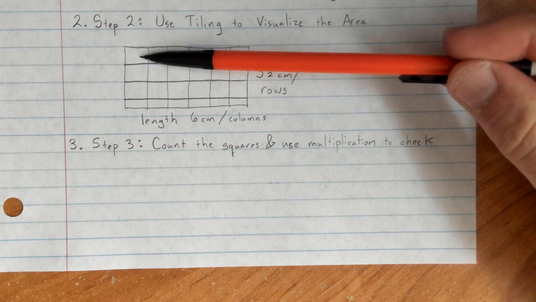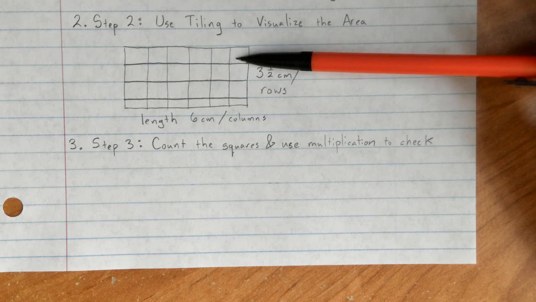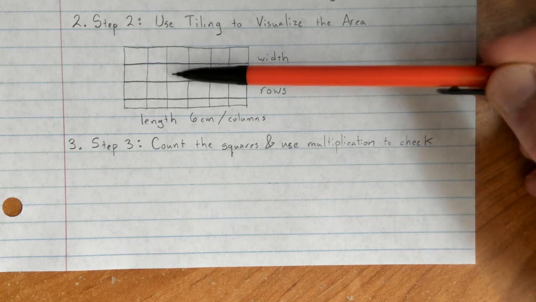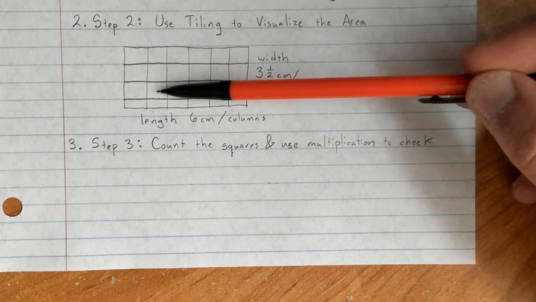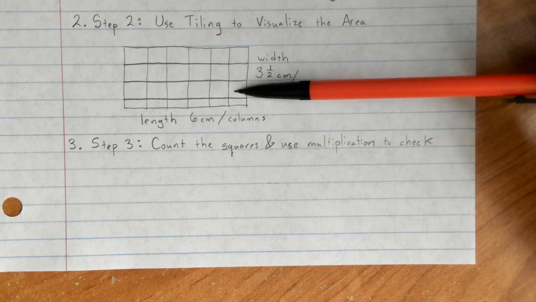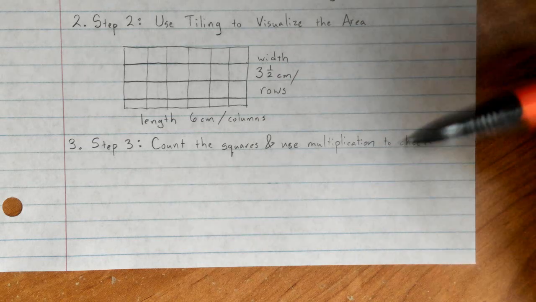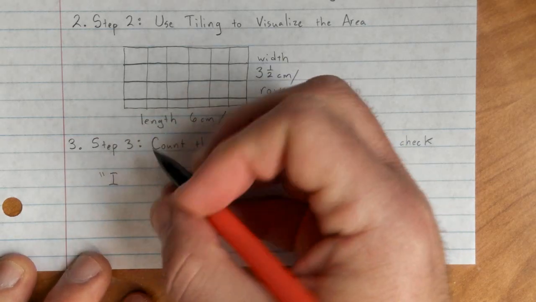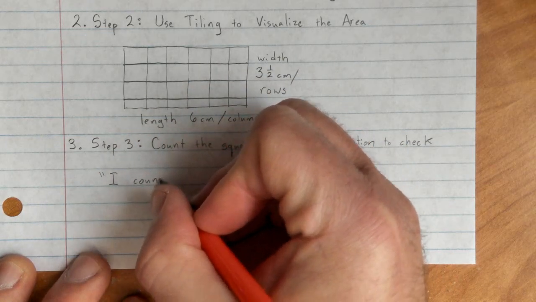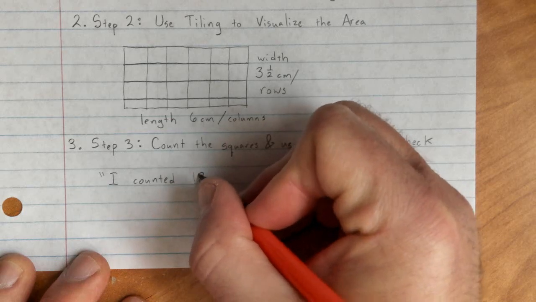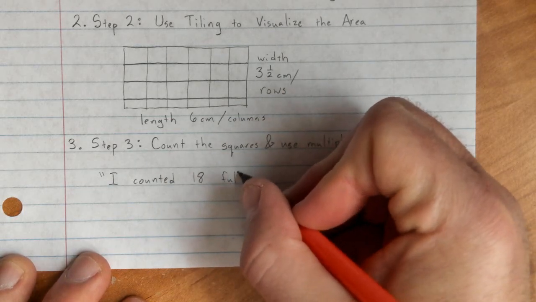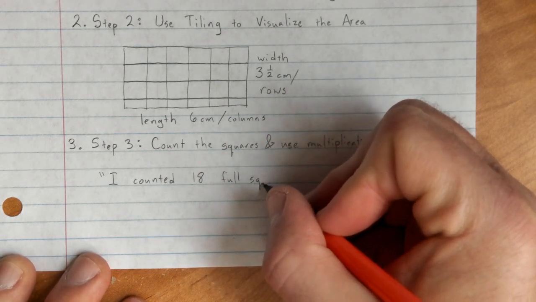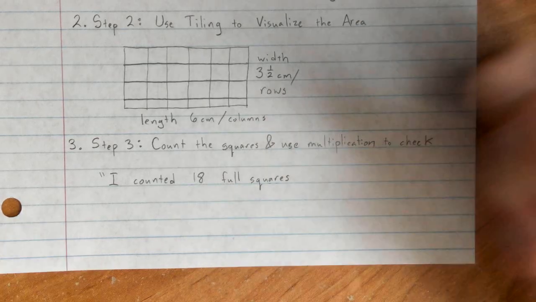Count them. 1, 2, 3, 4, 5, 6, 7, 8, 9, 10, 11, 12, 13, 14, 15, 16, 17, 18. Now that's 18 complete squares. So I'm going to start by writing that. I counted 18 full squares. And that's great, but we're not done.